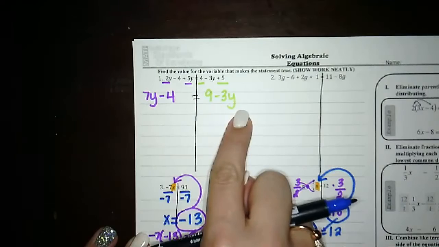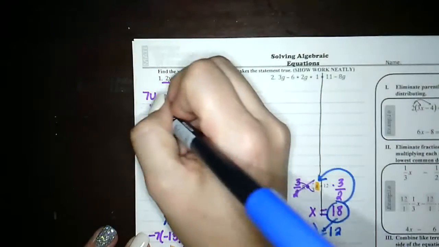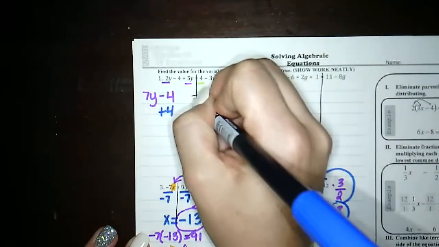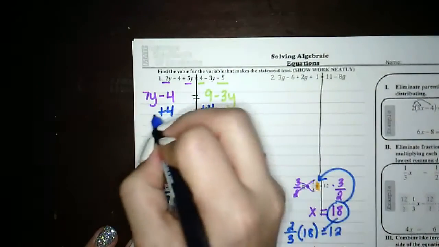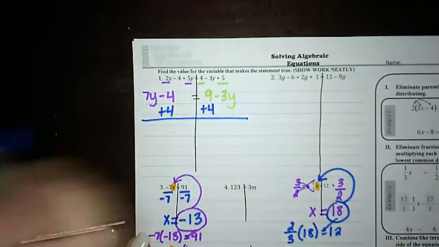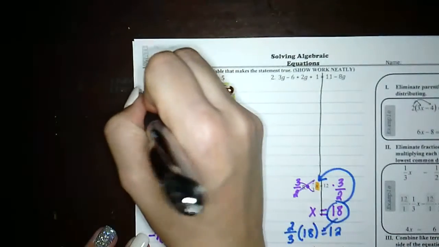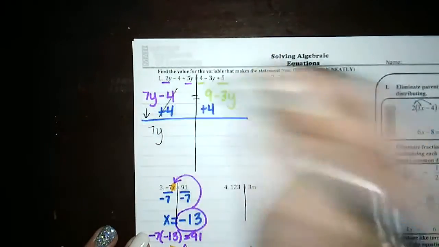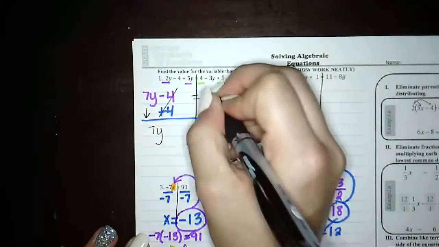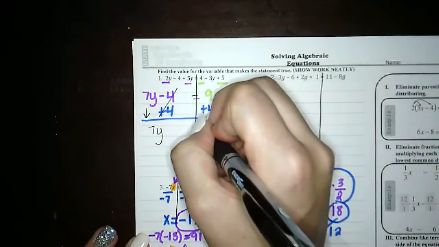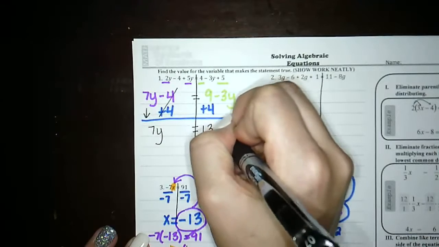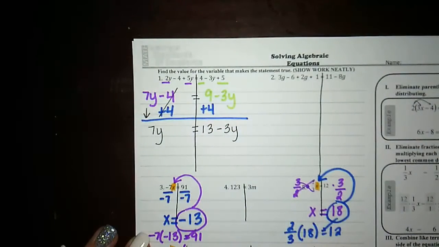I want to move it to the other side. So I'm going to make it a positive 4. And it goes with a 9 on the other side. So we bring everything else down. The 7y stays where it's at. Negative 4 and positive 4 become 0. 9 plus 4 is 13 minus 3y.